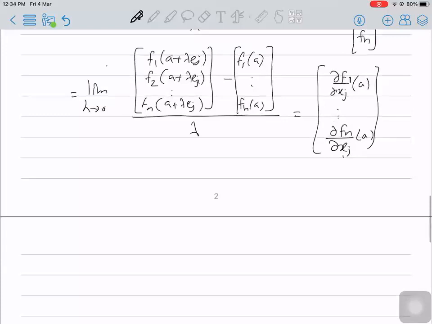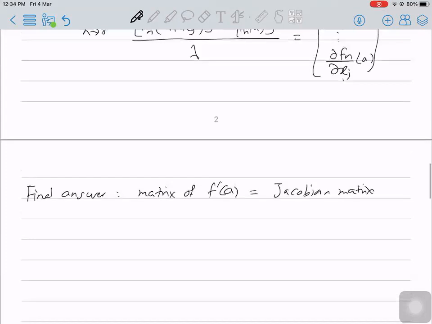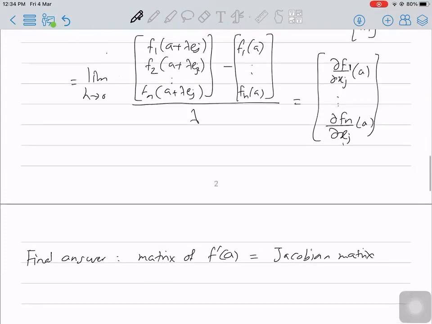So the final answer is the matrix of f prime of a, of course with respect to the standard basis, is called the Jacobian matrix, and that is given as follows. Notice that the first column is the derivative with respect to the first variable.